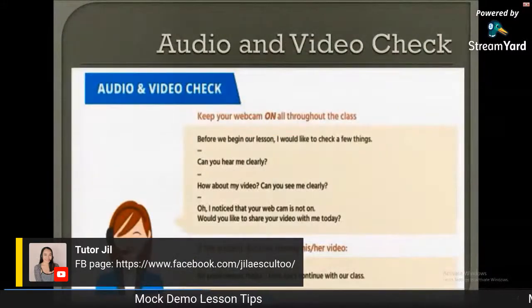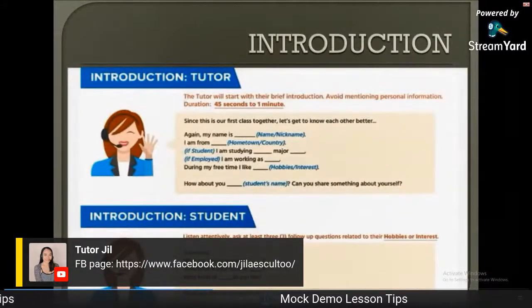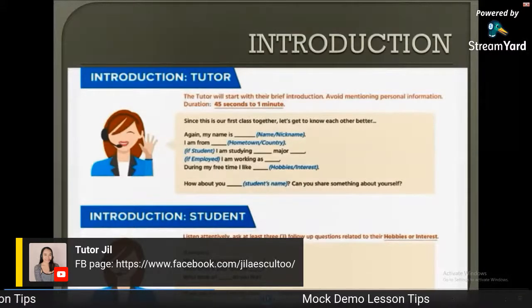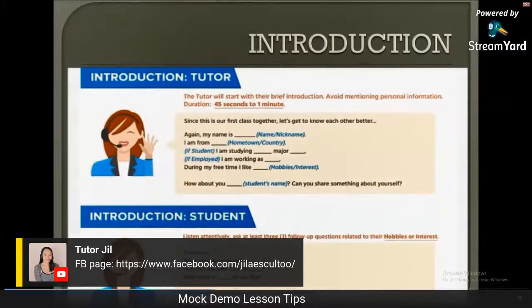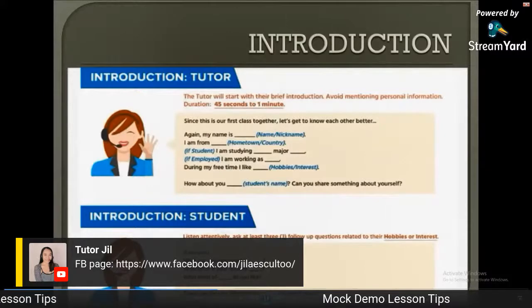Remember, after the audio and video check, you will have the introduction. First, it is mandatory to introduce yourself as a tutor before your student's introduction. The tutor will start with a brief introduction.